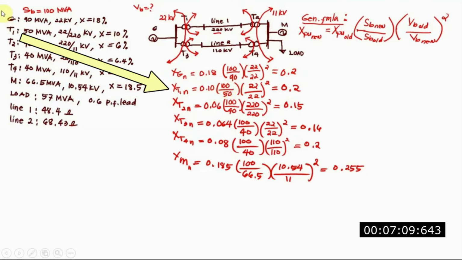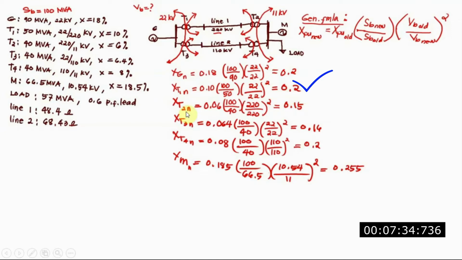And for the transformer, we have also the old, which is 0.1, and the new again is 100 MVA divided by 50, which is the old. The old voltage here is 22, divided by the new voltage, which is 22, so that's also 1, and multiplying, you get 0.2.